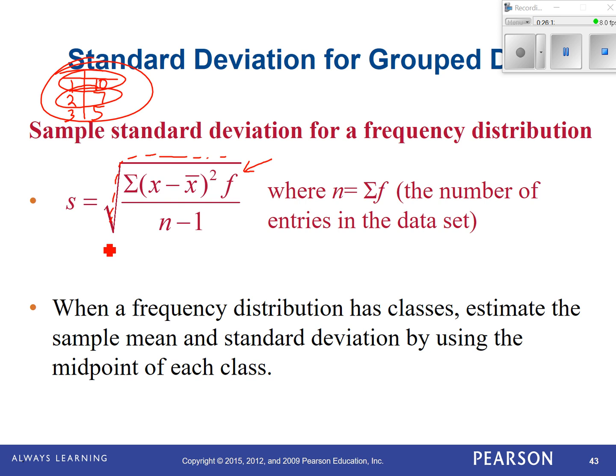When a frequency distribution has classes, estimate the sample mean and standard deviation by using the midpoint of the classes. So if we're doing one of our frequency distribution charts, and we have our classes here, let's say the class goes from 0 to 4 or 0 to 5, then you just find that midpoint, and we use that to help us find the sample mean like we did in last section.